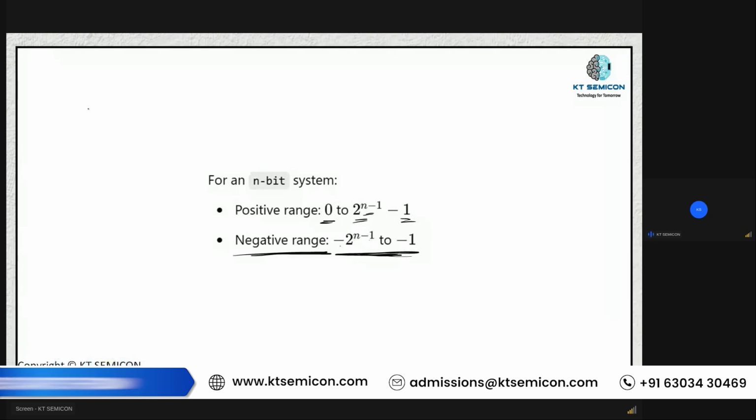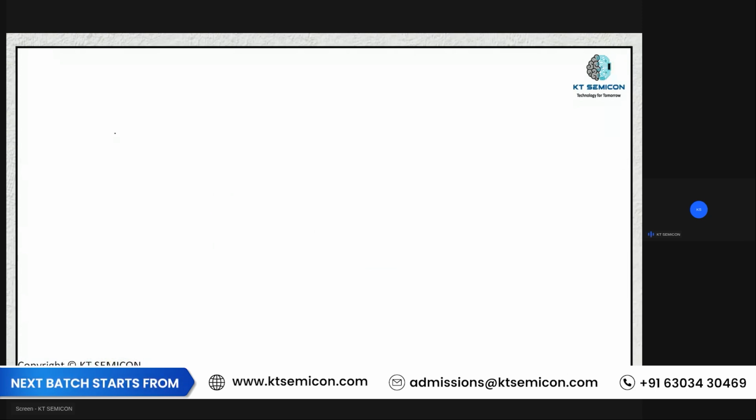Now we don't have two representations for plus 0 and minus 0. For plus 0, let's say 0 0, the representation of minus 0 is nothing but 0 0 only. So we don't have two representations for plus 0 and minus 0.